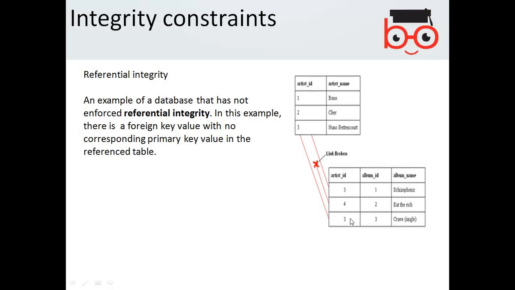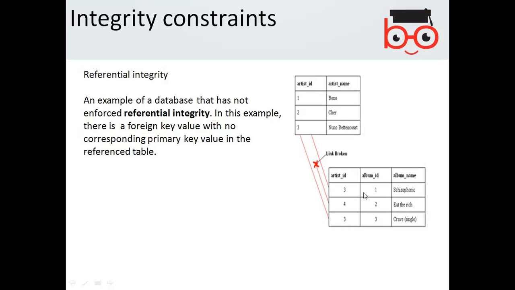Now, you look at this, that 3 is common in both tables, but 1 and 2 as well as 4 are not existing in the first table.